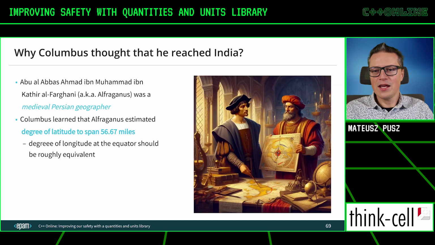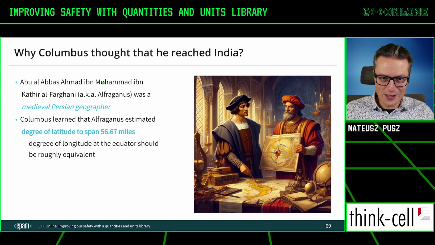Before, he was preparing for the mission, and he learned about Abu al-Abbas Ahmad ibn Muhammad ibn Kathir al-Farghani, aka Alfraganus, a medieval Persian geographer. Columbus learned that Alfraganus estimated a degree of latitude to span 56.67 miles. And we assume at this stage that a degree of longitude at the equator should be roughly equivalent to a degree of latitude.